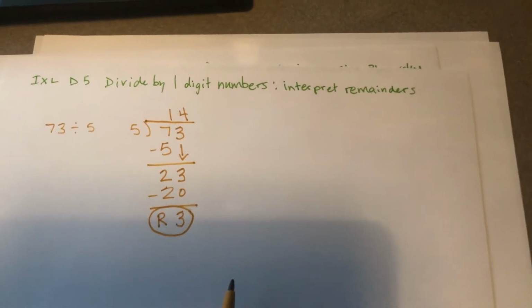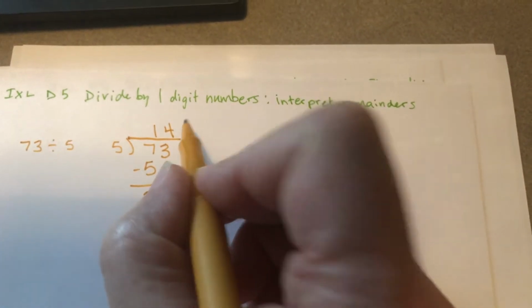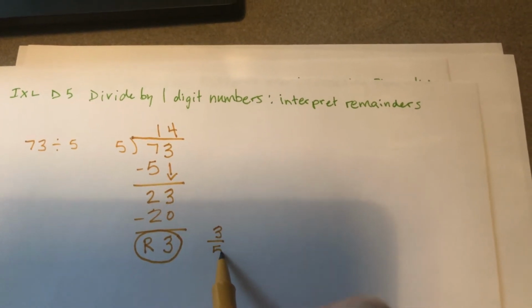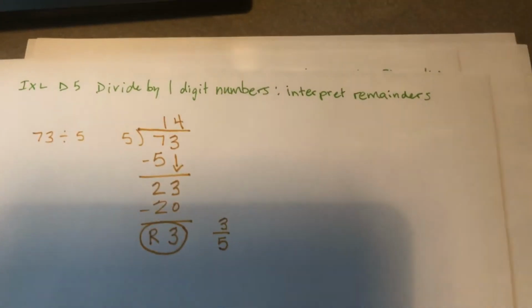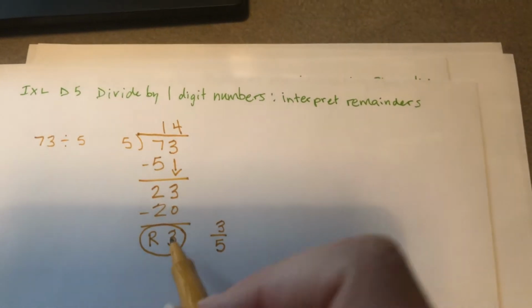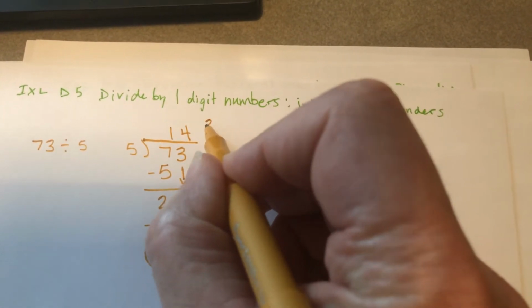How do we show 3 divided by 5? We show it like this: 3/5. So 14 remainder 3 is equivalent to 14 and 3/5.